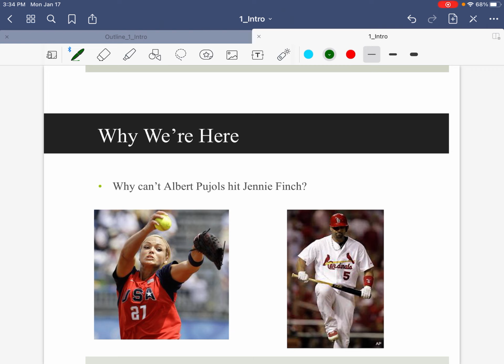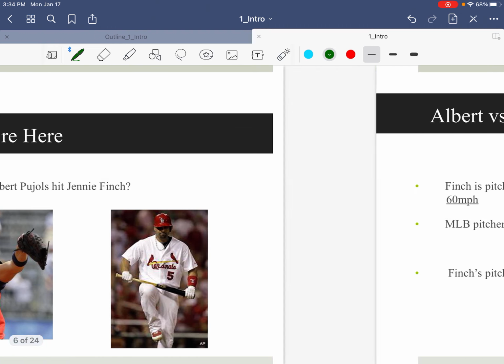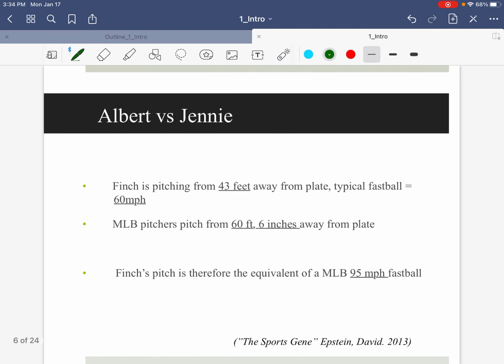Well, why is that? Here's a fun example of how understanding kinesiology and the study of human movement helps us understand these really cool things. And this example, I have to give a reference, came from a really fascinating book called The Sports Gene by David Epstein. Jennie Finch in softball is pitching from 43 feet away from the plate, which is different from a Major League Baseball pitcher. So she's closer.